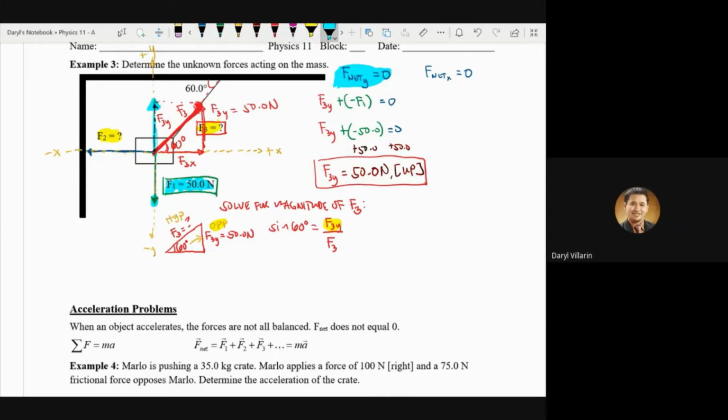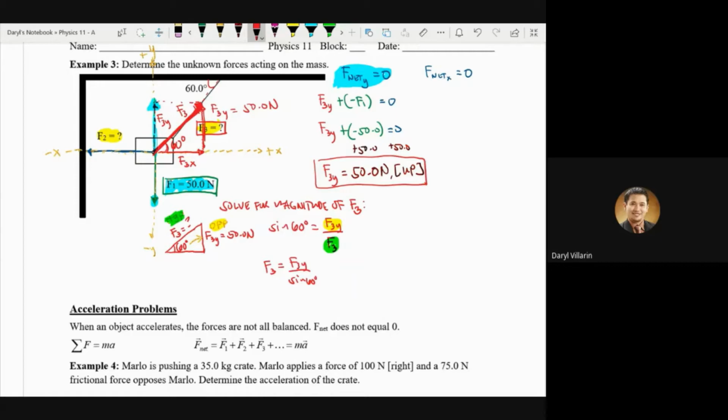So again, this F3 here is the hypotenuse, and I want to solve for F3. Working through this equation, F3 is equal to F3Y all over sine 60 degrees.